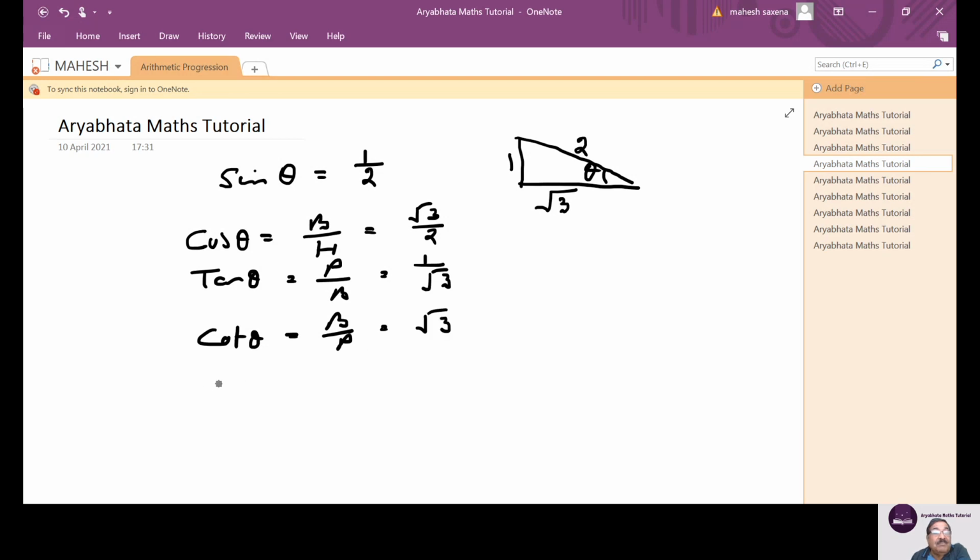Sec theta is equal to hypotenuse upon base. In this case, hypotenuse is 2, base is root 3, therefore it will be 2 upon root 3. Cosec theta is equal to hypotenuse upon perpendicular. Hypotenuse is 2, perpendicular is 1, therefore it is 2 by 1, that is 2.